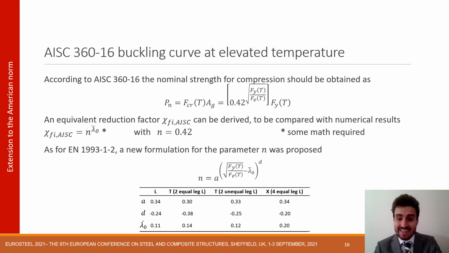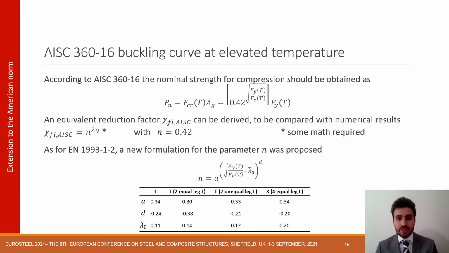This work can be extended to the American norm as well. So according to the American norm, the nominal strength for compression in fire situation should be obtained with the first equation shown in the slide. As for the Eurocode, an equivalent reduction factor K can be derived with some math to be compared with numerical results.